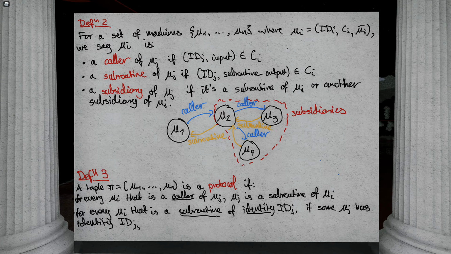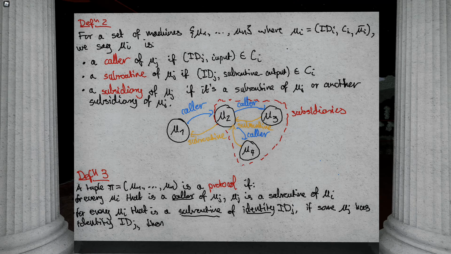So the reason that we're defining it this way is because protocols can have machines that are subroutines of external machines. That's how the environment is supposed to provide input to a protocol, right? In order to be able to give output to the environment, it has to be a subroutine of an external identity. So it's not a two-way relationship, right?